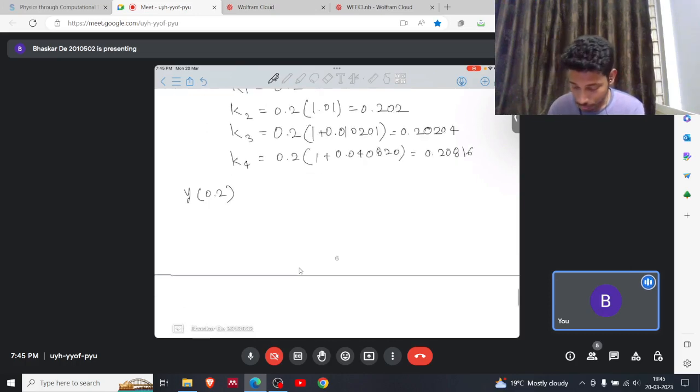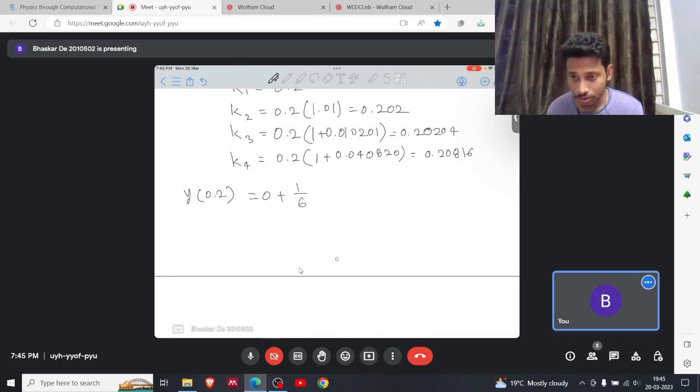So now the value of y at 0.2 will be 0 plus 1 by 6 of k1 plus 2k2 plus 2k3 plus k4, equal to 0.2027.